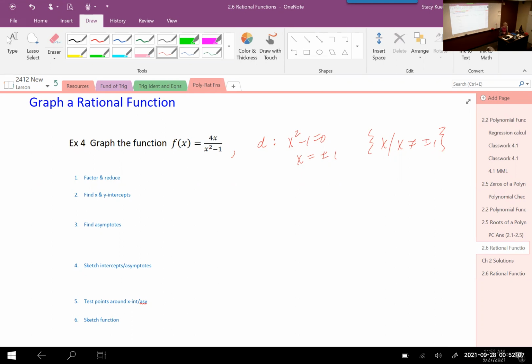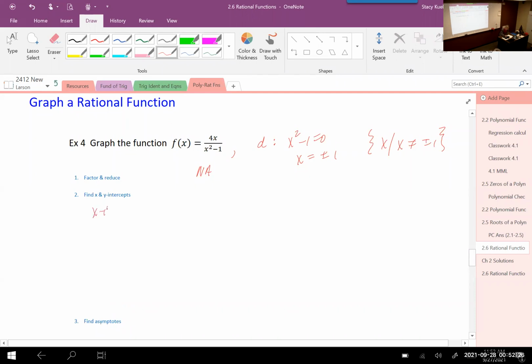No, I can't reduce it. So that is a null point here. The next thing I want to do is find the x and y intercepts of this particular function.